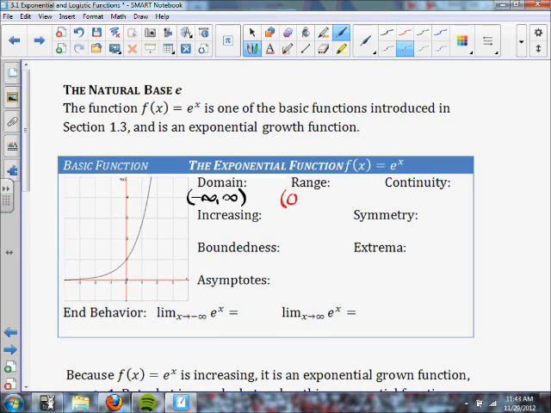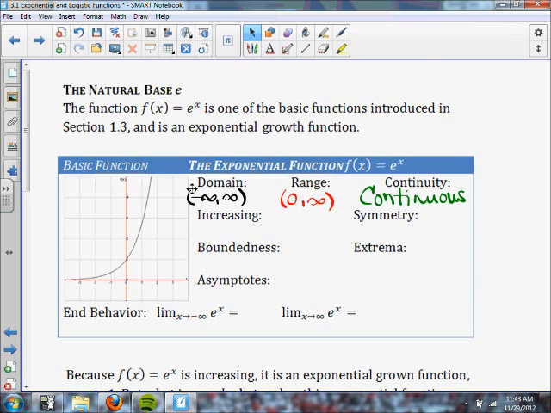No. Well, is this continuous or not continuous? It is continuous. Now, do I have to write on its domain here? No. The only time you remember you have to write continuous on its domain is when the domain is funny looking. This one says negative infinity to infinity, so we don't have to worry about that.